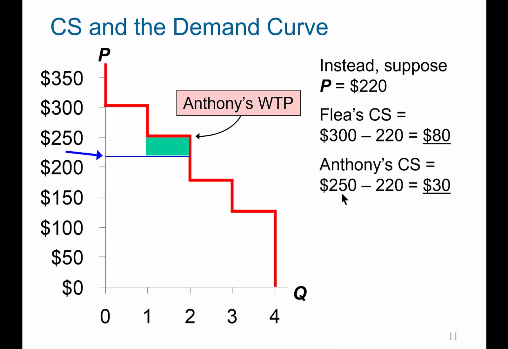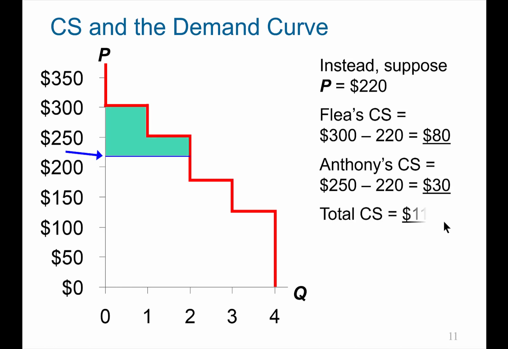He values the good at 250. He paid 220, so therefore he's walking away with a consumer surplus of $30, leaving us with a total market consumer surplus, the total better offness measure. We're quantifying the benefits to buyers of market participation, and it equals $110 in this example.